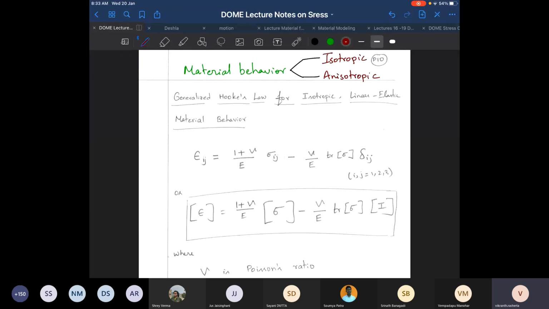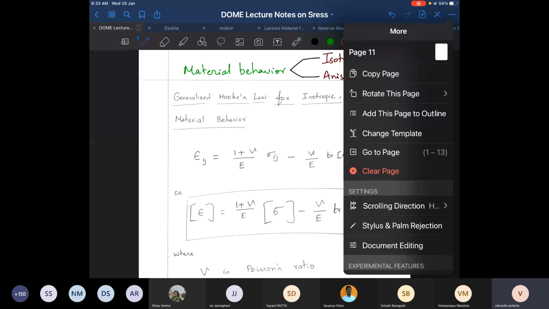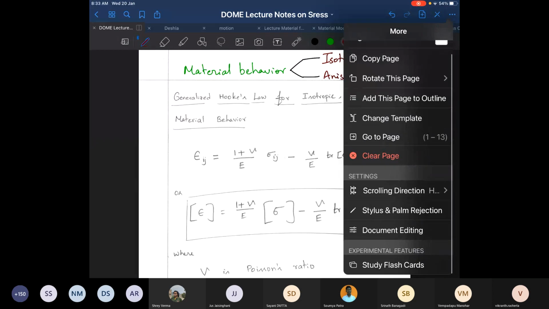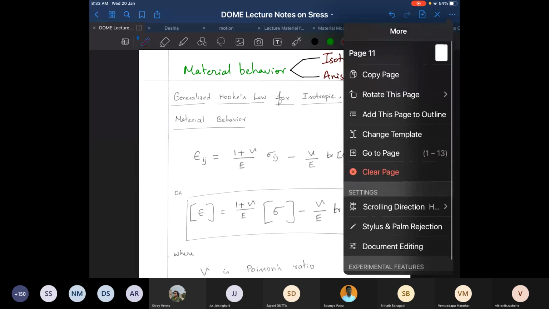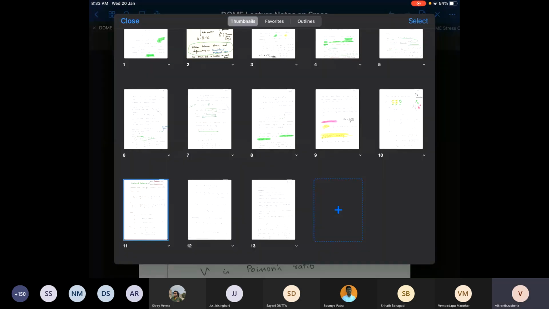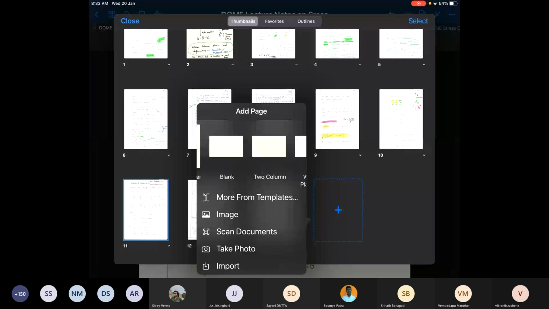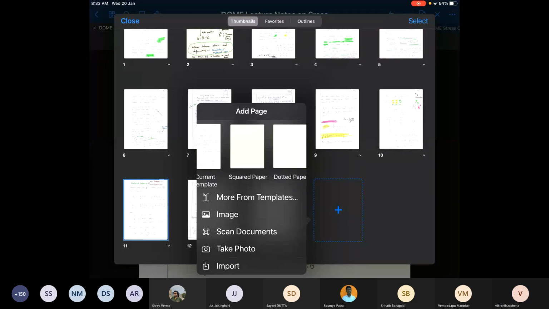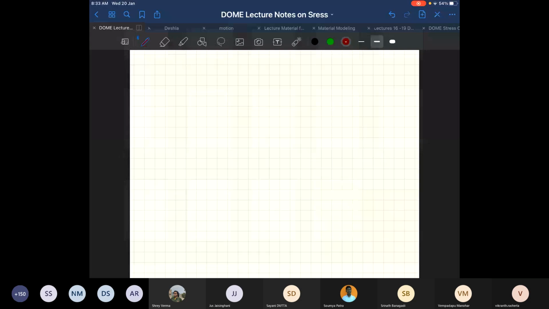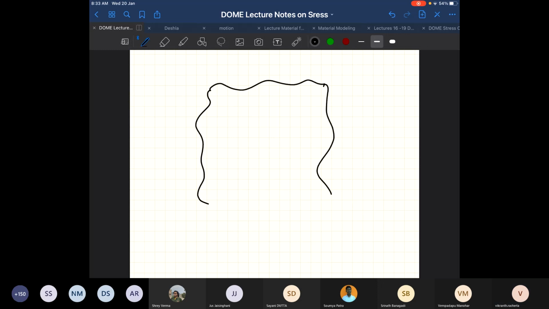So what it means is, let me add a sheet here. So what this means is, if I take a material, okay, now name one material property.